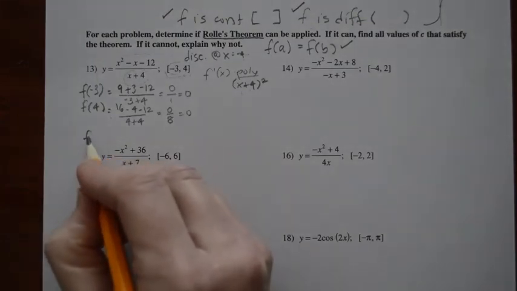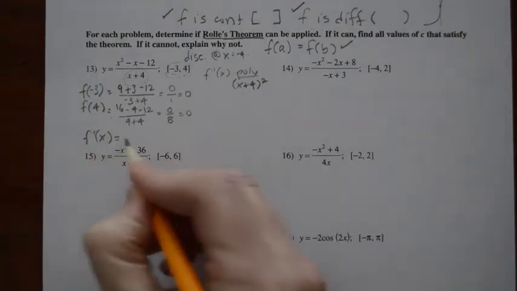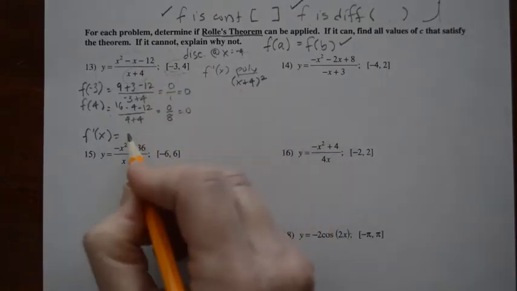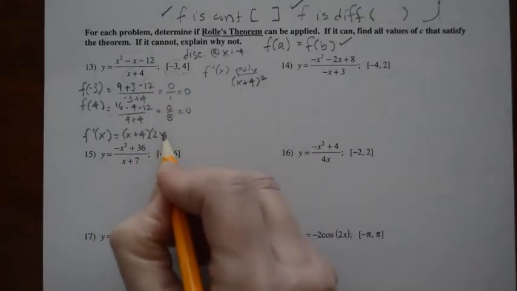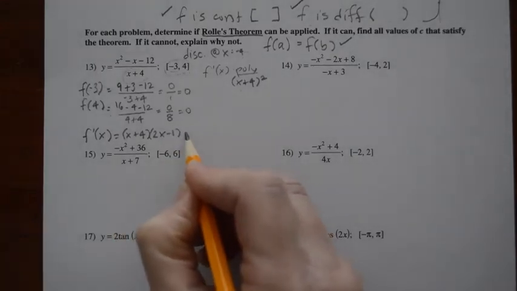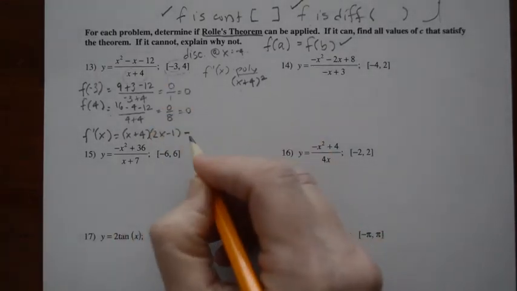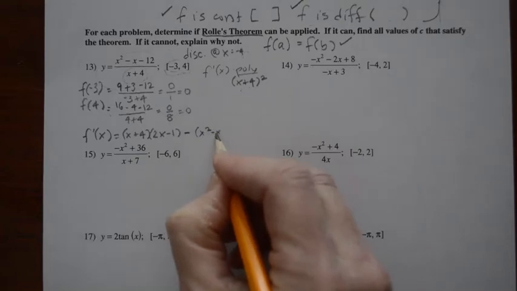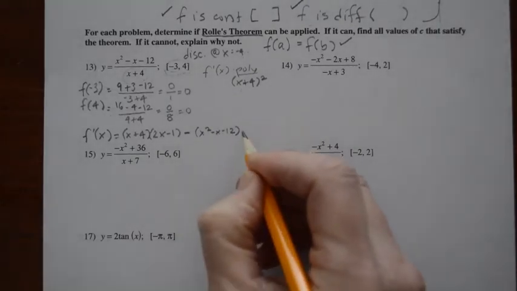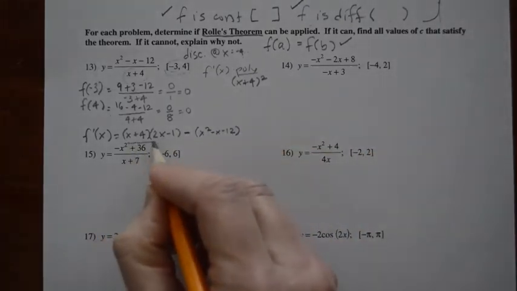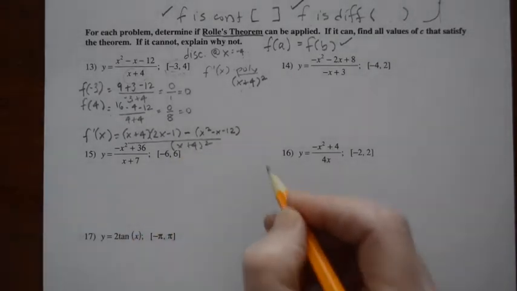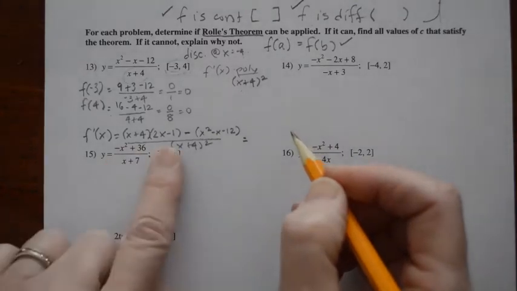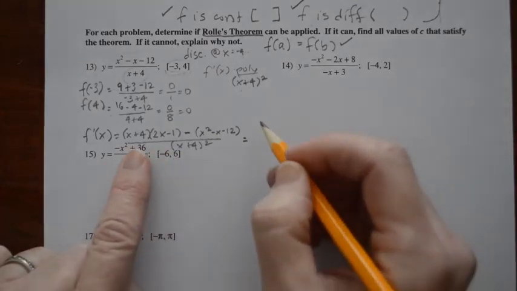So I need to find the derivative. All right, it's bottom times the derivative of the top, so x plus 4 times 2x minus 1, minus the top, x squared minus x minus 12, times the derivative of the bottom, which is just 1, all over the bottom squared, x plus 4 squared. And we are going to distribute this.